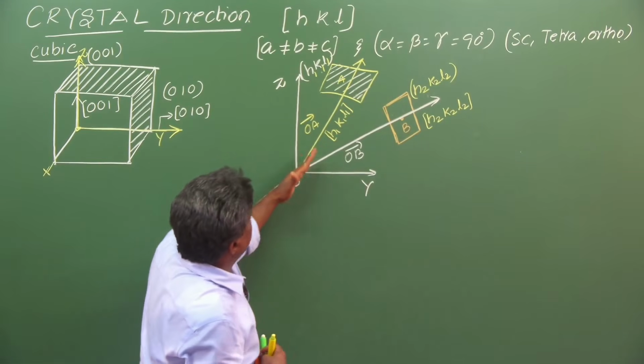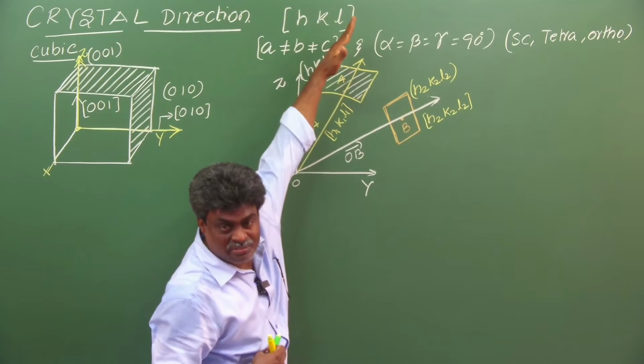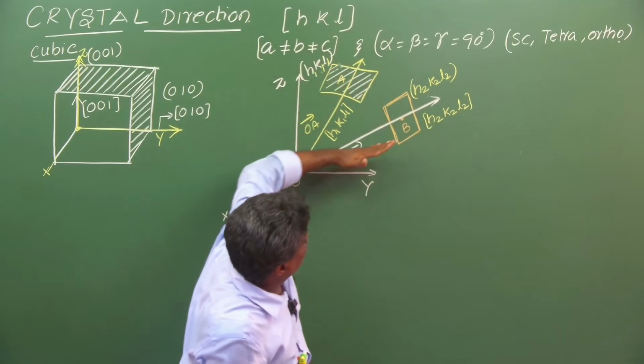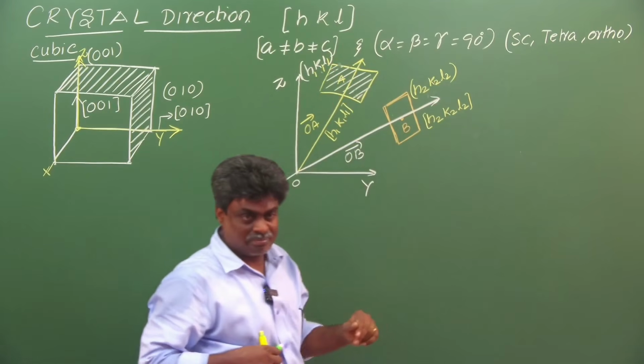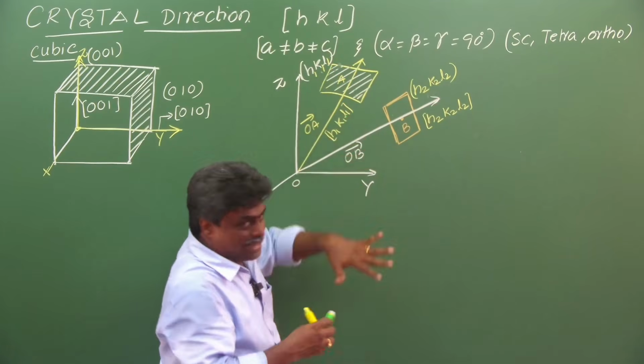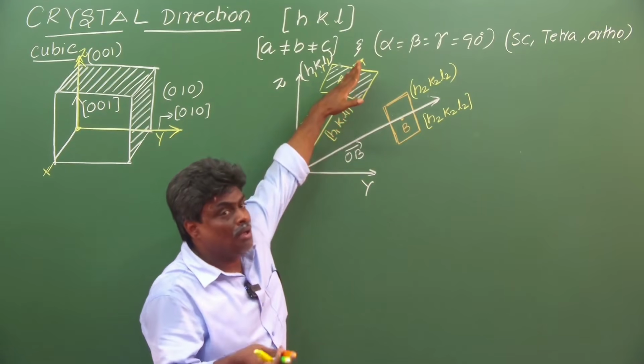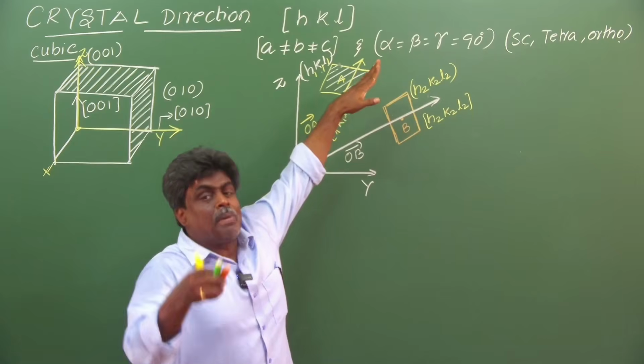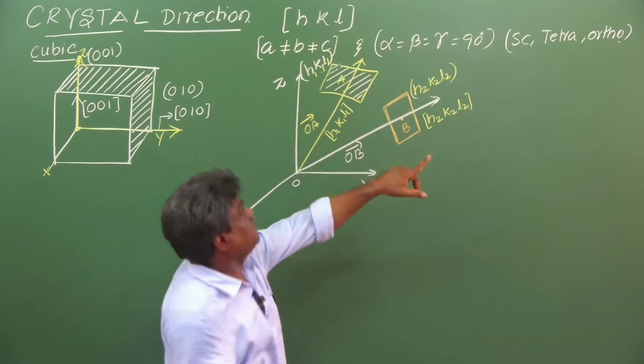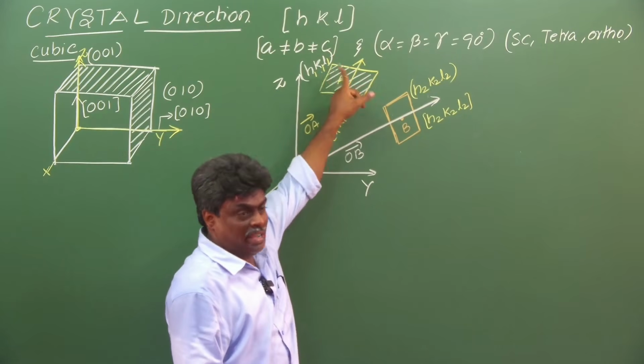And in this direction we have a set of crystal planes, and these two are called crystal directions. That means in this direction we have so many parallel planes which are represented by the Miller indices H1, K1, L1.